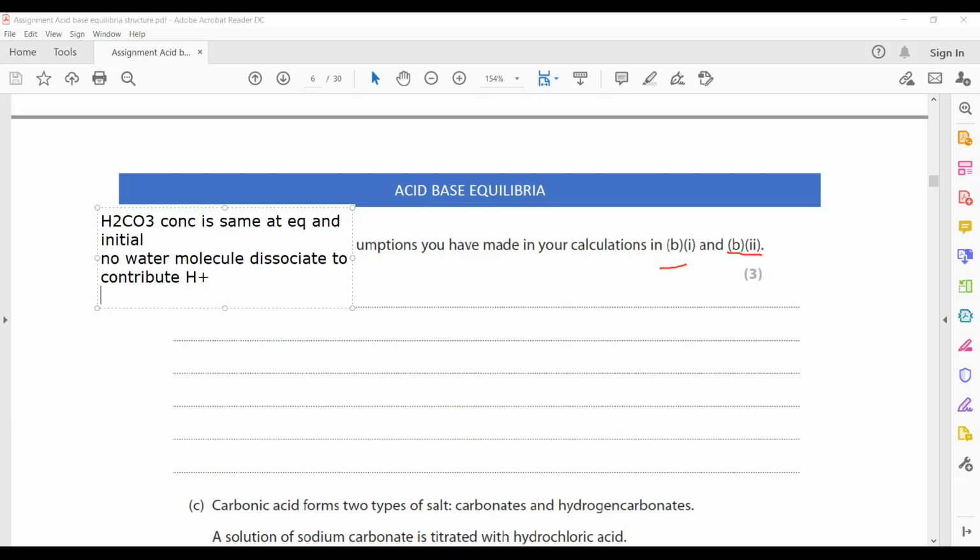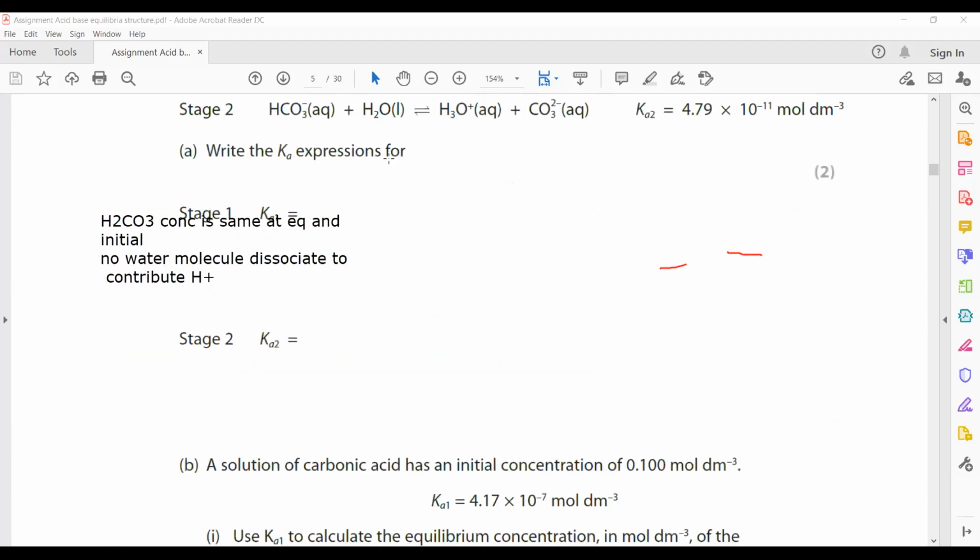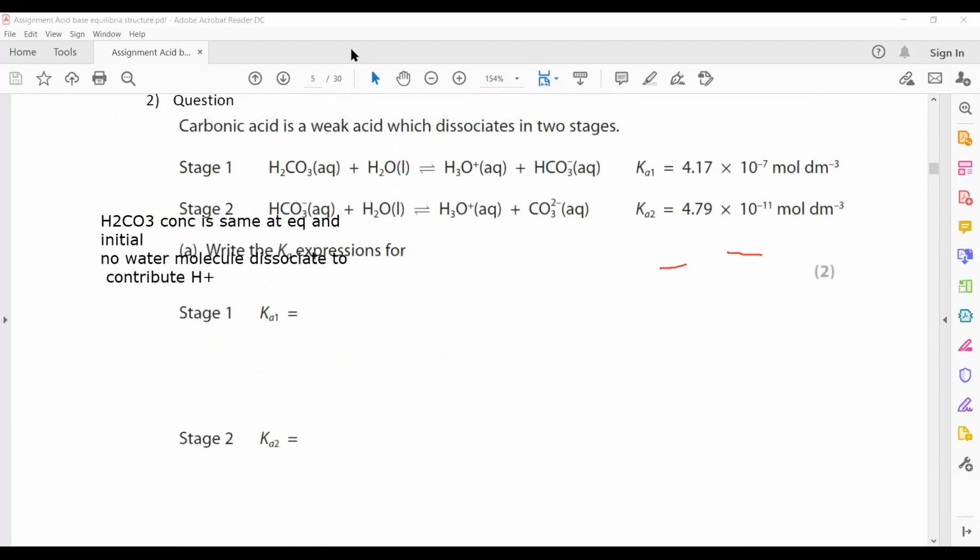But when you see this value, it is so small. HCO3- can also change, but our assumption is that because Ka1 is higher and Ka2 is smaller, it means negligible dissociation of the HCO3- ion.